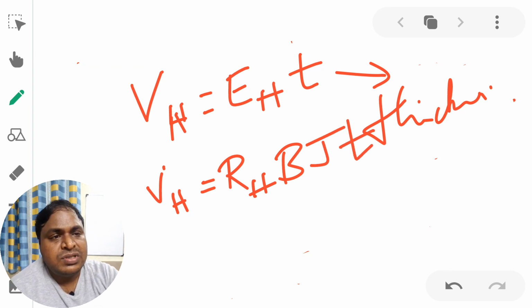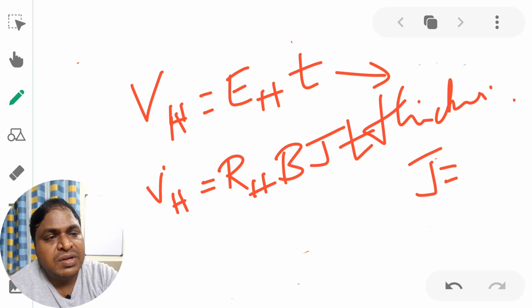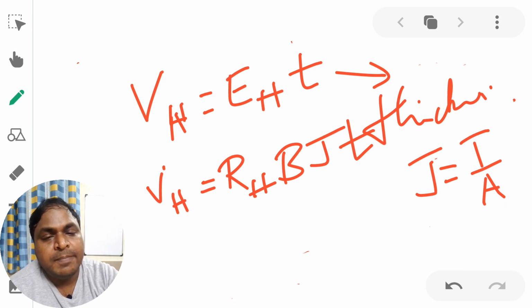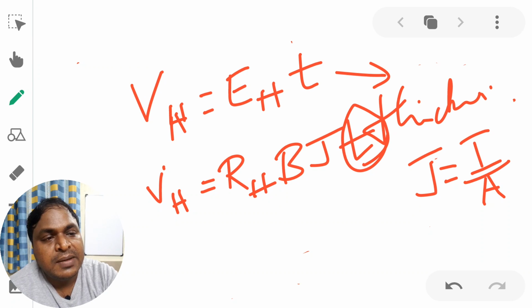Okay, and also you know that J is equal to current by area. Okay, so if you take small b as breadth and t as the thickness, you will have I by b into t.